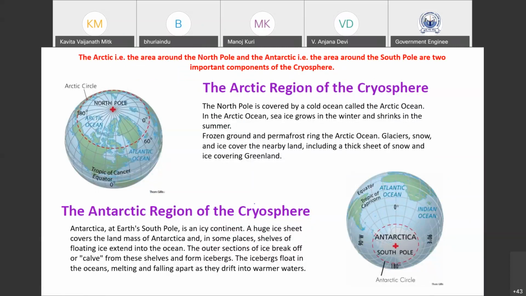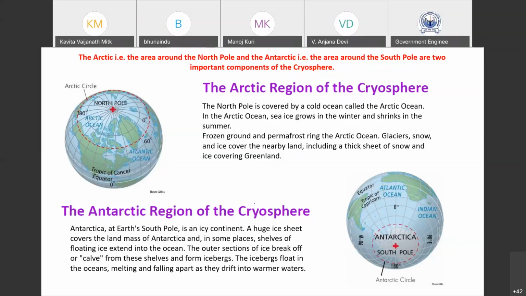But the basic difference between the Arctic and the Antarctic regions is Arctic is a cold ocean, all right? So it is basically ocean surrounded by glaciers, snow, ice, and also the ice covering Greenland. But if you see Antarctic, it is basically an icy continent. It is a landmass surrounded by the ocean.